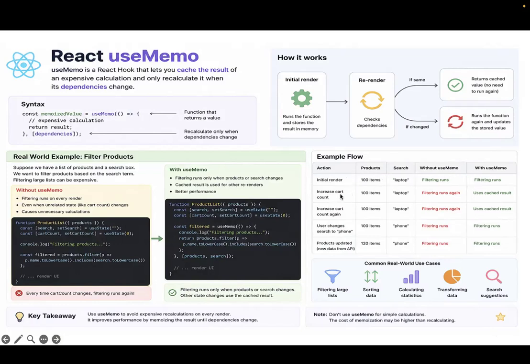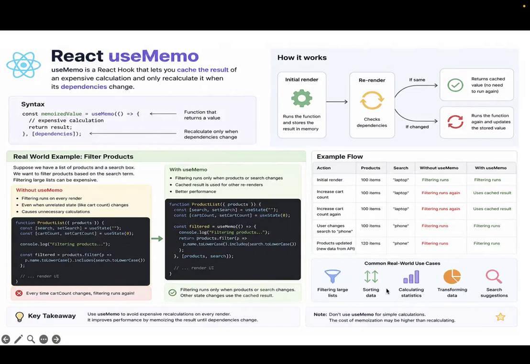If I increase the cart count, for example, adding one item to my cart, then without useMemo it will re-render and run the filter again. With useMemo, it uses the cached result. If the text content is changed to phone, at that time the filter runs again and caches the result. Only when the dependency changes will it do the recalculation.